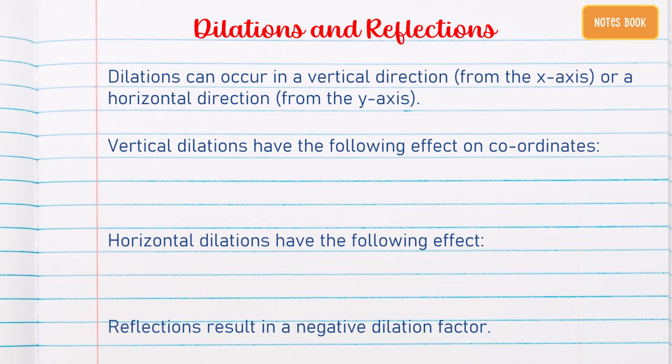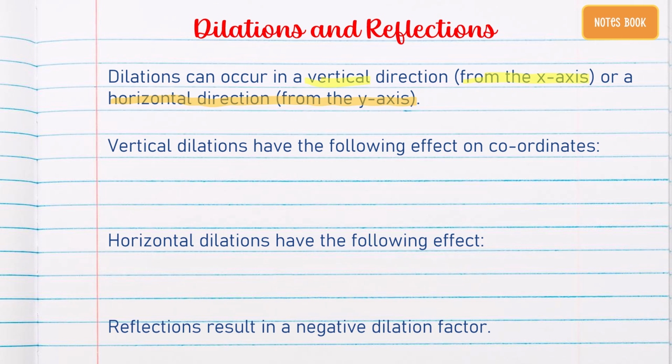Now with dilations, this is one where you have to remember to work with the opposite coordinate on the axis, right? So if we have a dilation from the x-axis, so in that vertical direction, then we're going to be affecting our y-coordinates. Whereas if we have that horizontal direction from the y-axis, we're going to affect our x-coordinates.